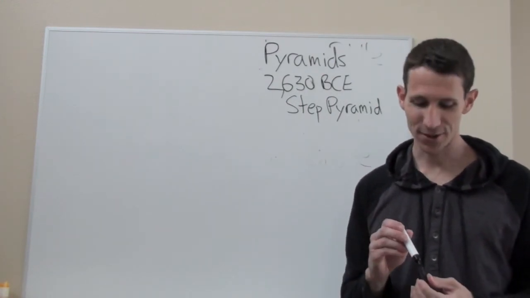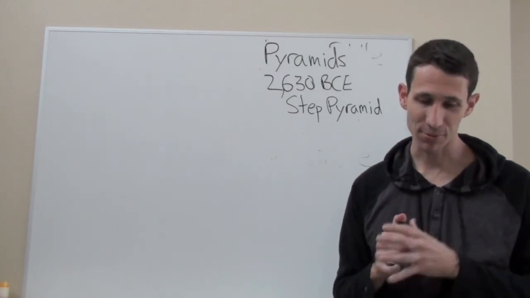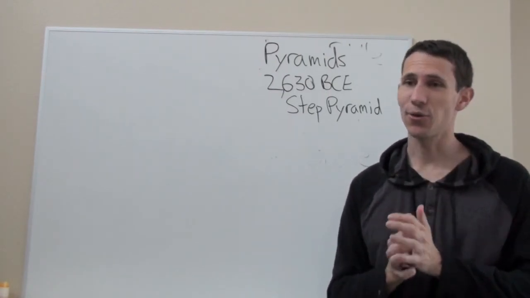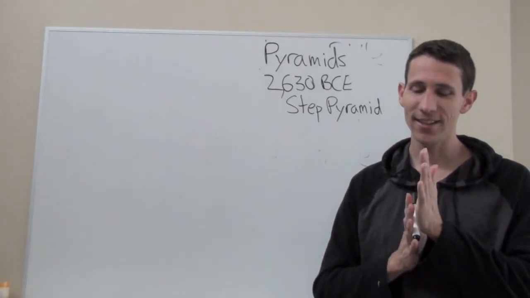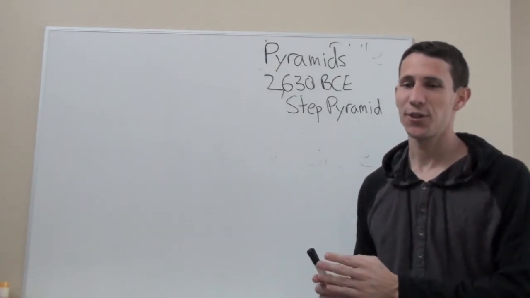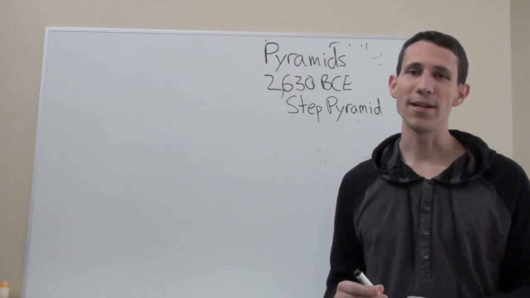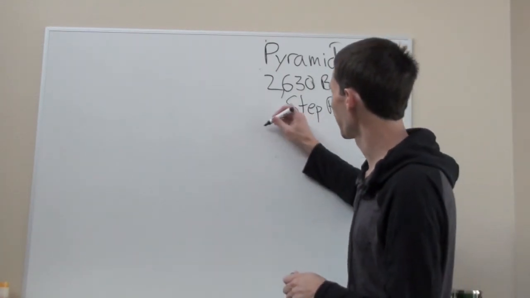However, there's a failure in the attempt. The next pharaoh that attempts this, Snefru, actually fails. So he makes something called the bent pyramid. Okay?